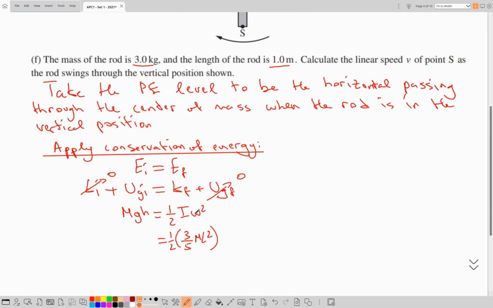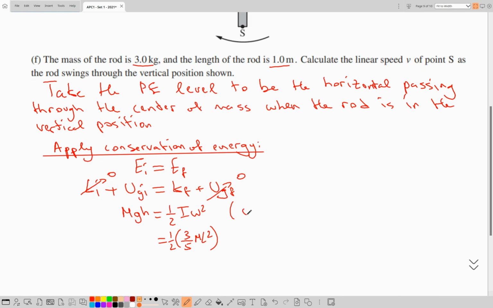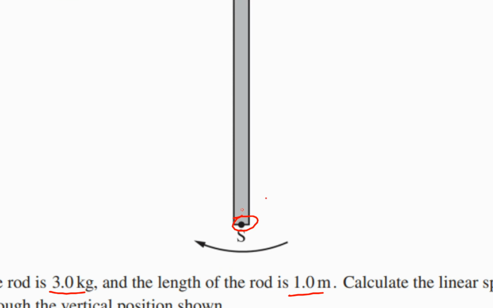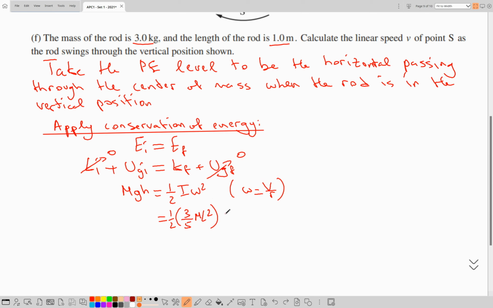And here we need to check whether we need omega or the linear speed. Indeed, we need the linear speed, and omega is related to the linear speed by v/r, but we need to specify for which point we're calculating the speed. Since we're calculating the speed at the end of the rod, we need to replace r by capital L. Then that would be v squared divided by L squared.